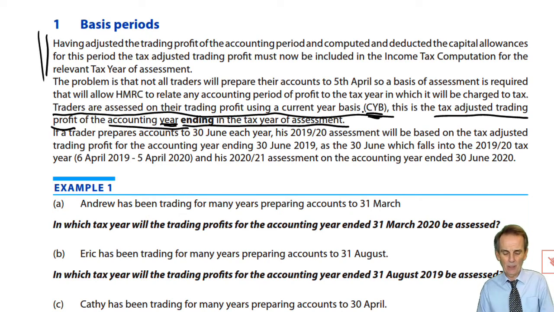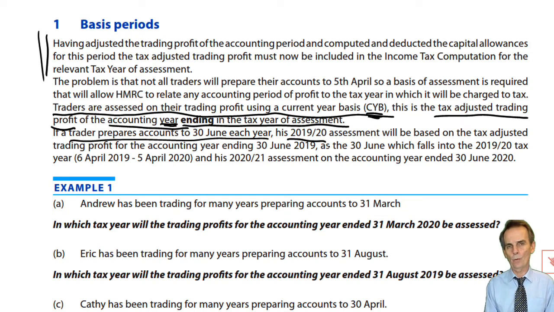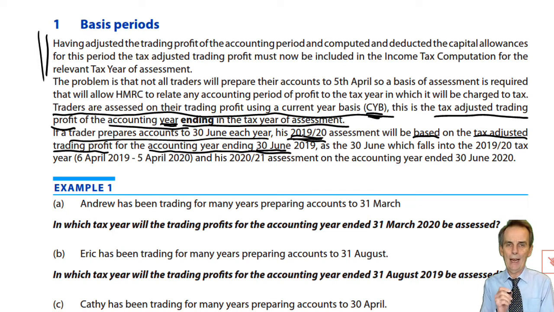So, if, as we suggest here, a trader prepares accounts to the 30th of June in each year, and we are looking for which year ended the 30th of June will be assessed in our tax year of assessment, 1920, then the assessment will be based on the tax adjusted trading profit for the accounting year ending the 30th of June, which 30th of June ends in the 1920 tax year, i.e. which 30th of June falls between the 6th of April 19 and the 5th of April 20.